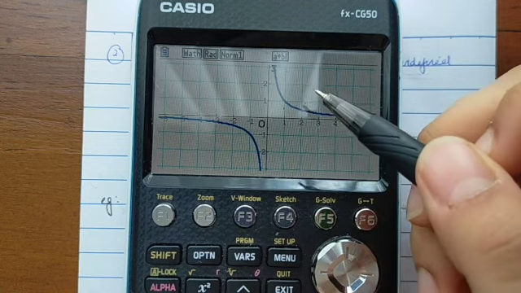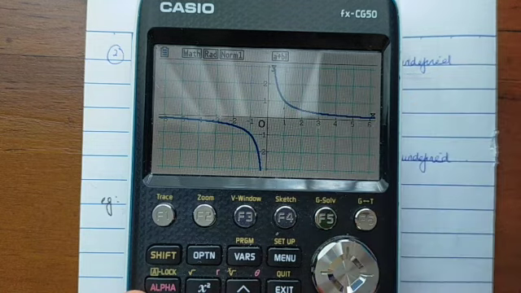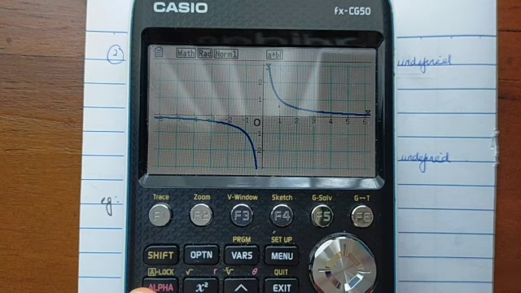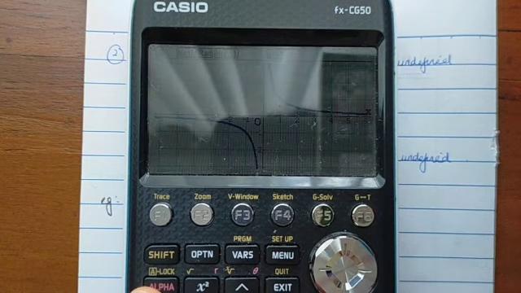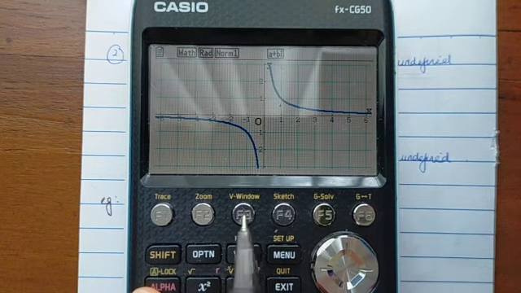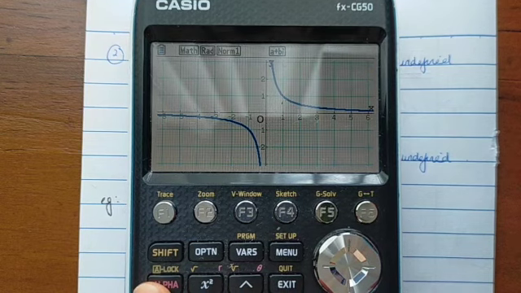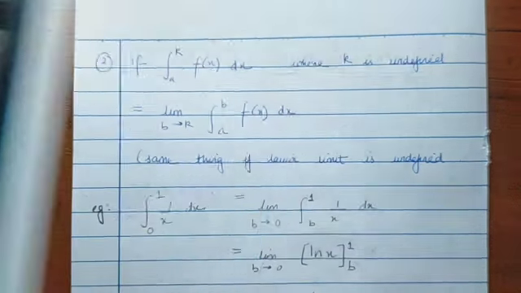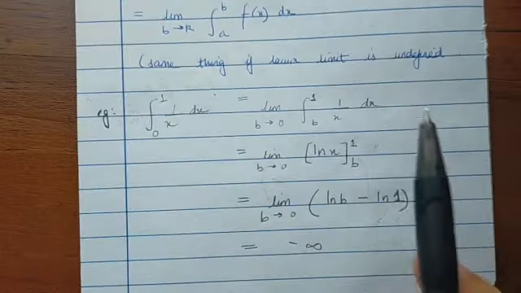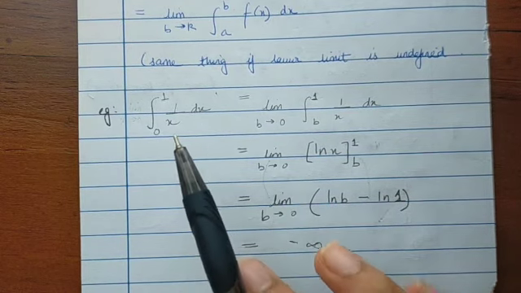So we have to use limits to solve this and give us a very close approximation to what the area would be. So let's see how we can solve this.